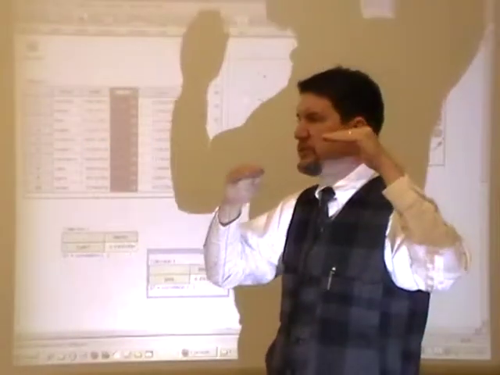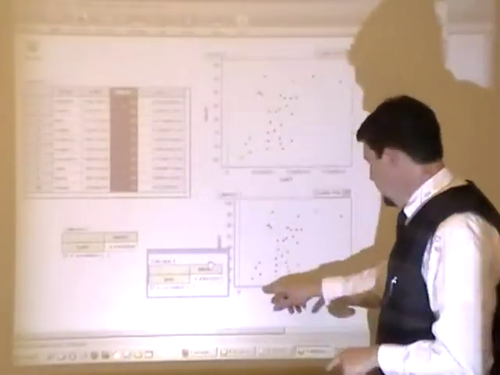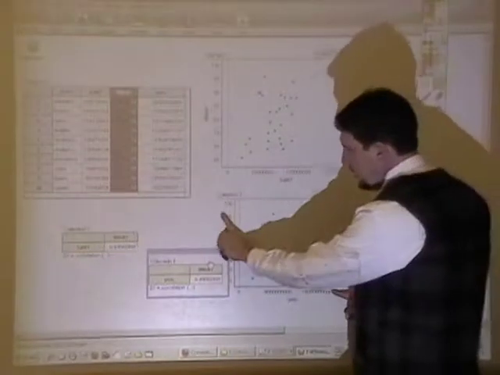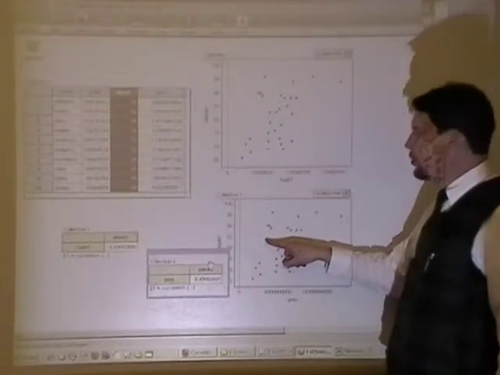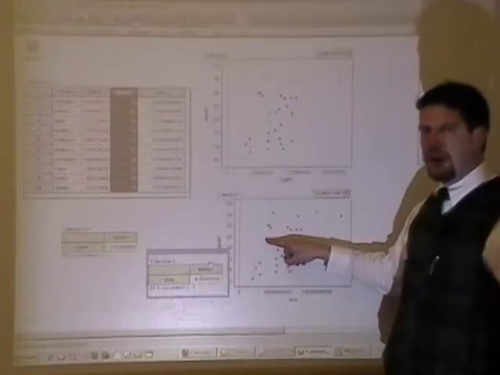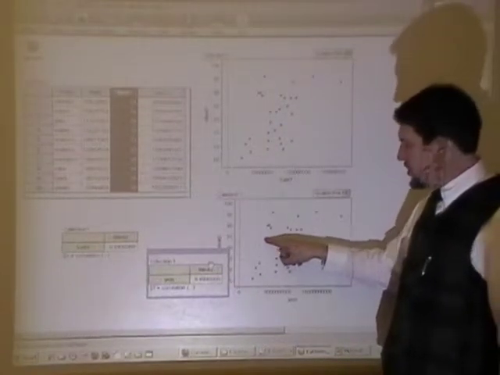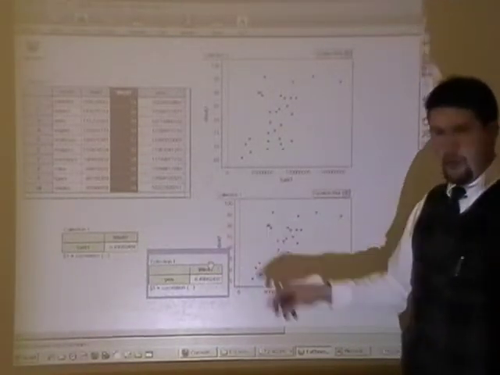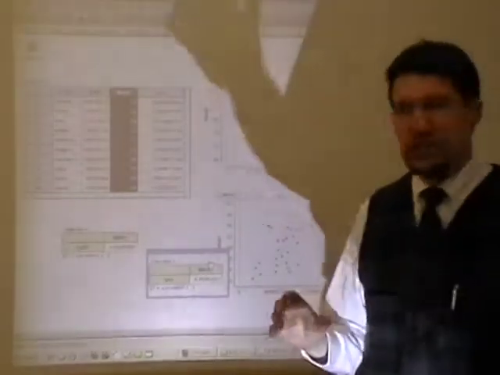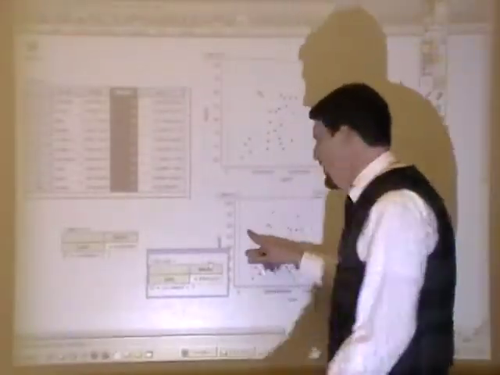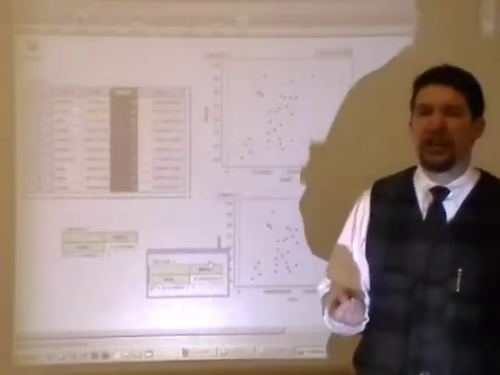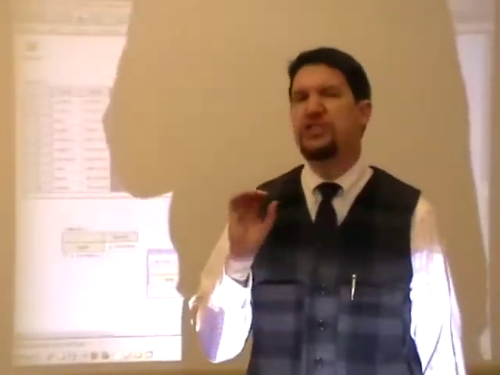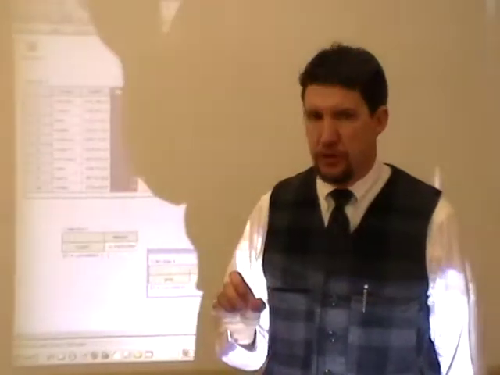I've got altitude here, and I've got temperature here, and I get a value right there. Then I'm going to change it from Fahrenheit to Celsius, changing the scale. What's going to happen to the relationship between the altitude and the temperature? Nothing, because I haven't changed the temperature, I've changed the way that it's measured, okay?